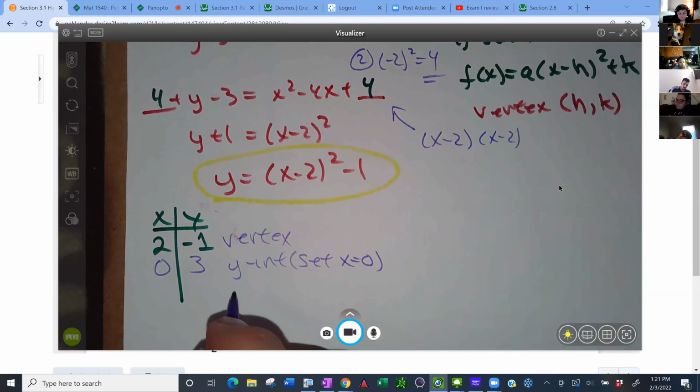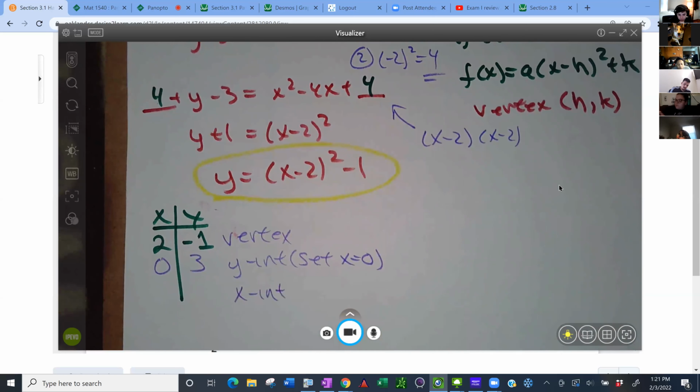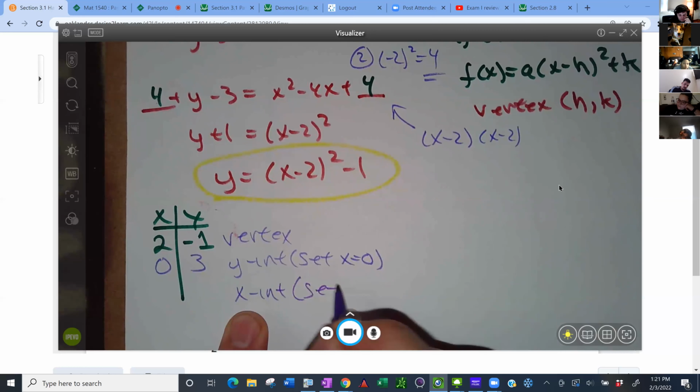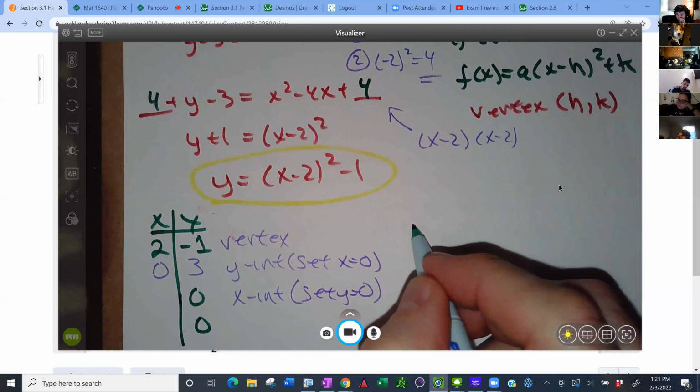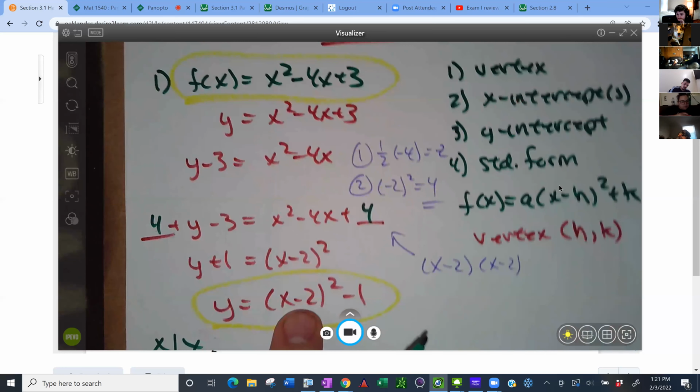As far as the x-intercepts, well, those aren't too hard either. You're going to set y equal to 0 and get those. So if I set y equals 0, let's see what happens. You can do it here or here.